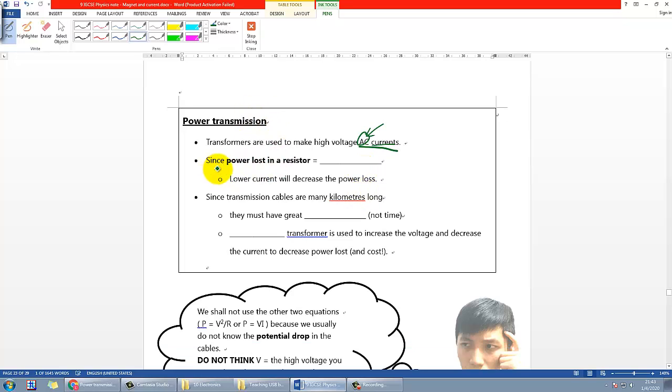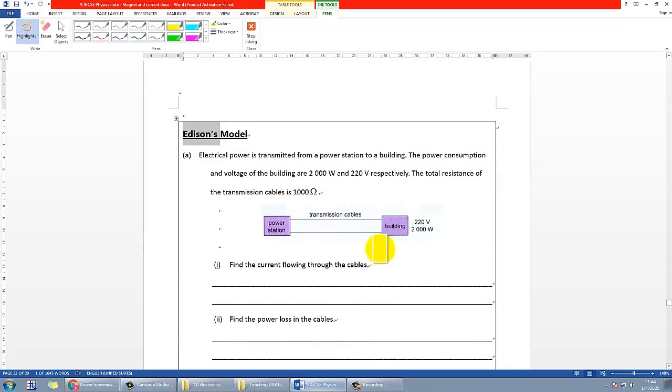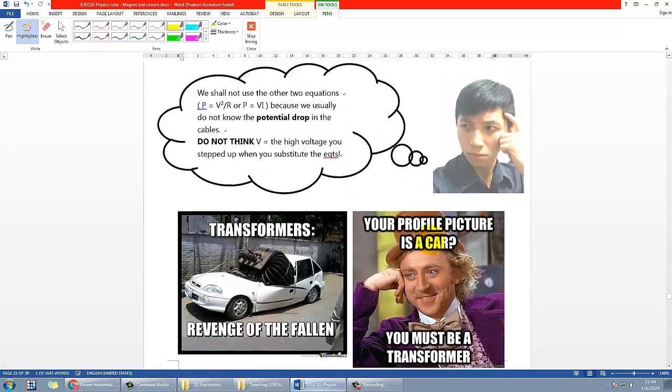Anyway, since power loss in a resistor can use different equations, including I square R, you could technically use V square over R and IV, but I will strongly recommend you to stick with I square R. I will explain more later when we do the example in the next page, which is the next video.